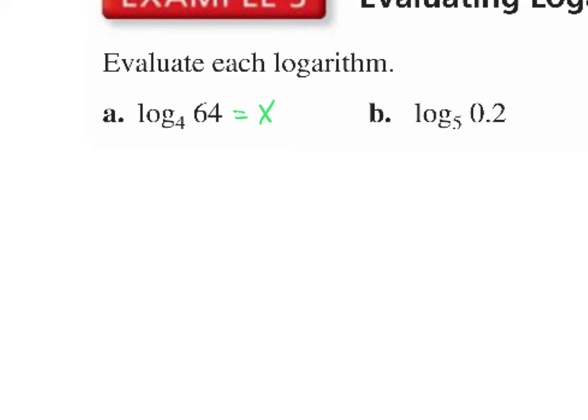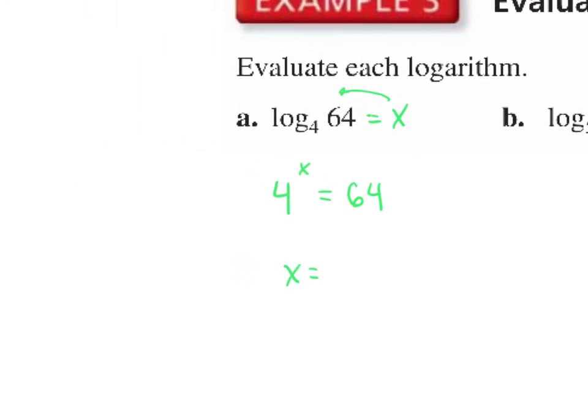So how do we change this into exponential form? What's our base? 4. What's our exponent? X. And what's that equal to? 64. So 4 to what power gives us 64? Let's see. What's 4 times 4? 16.